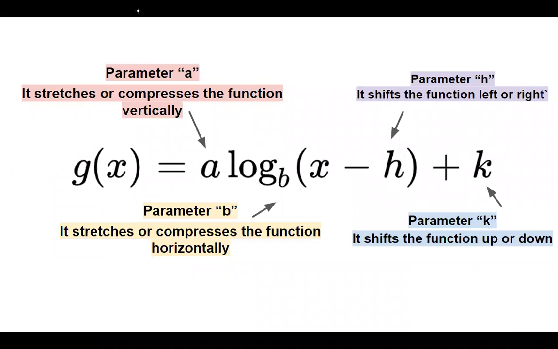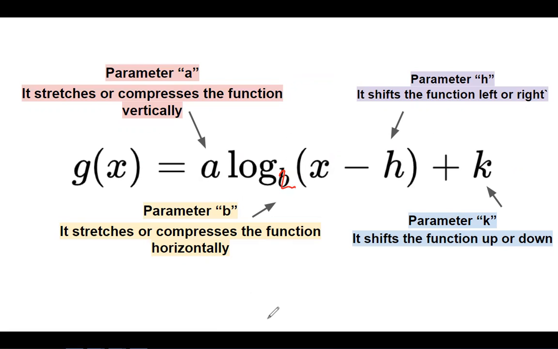Let me go over the transformation parameters. So the same parameters still apply. This time, we're going to see our base. It's going to be 2. So our base 2, and we're going to have a parameter A, a parameter H, our parameter K, and our B is going to stay as 2 for today, since we have log base 2.